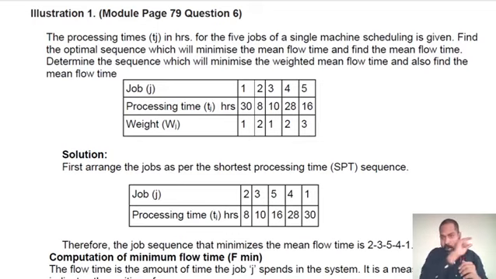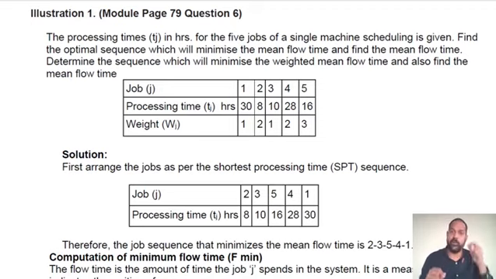So right now I want you to write in a bold statement and remember that. Sequencing according to SPT, shortest processing time, gives you the least mean flow time. And number 2, sequencing according to EDD, which is earliest due date, gives you the least lateness, mean lateness or average lateness.